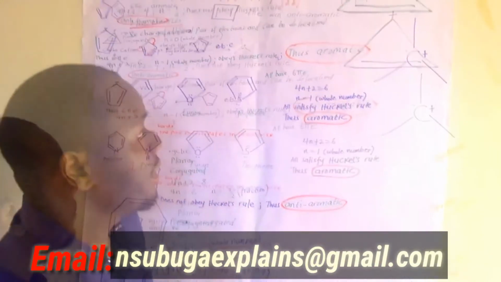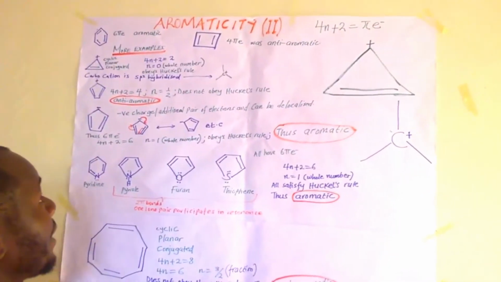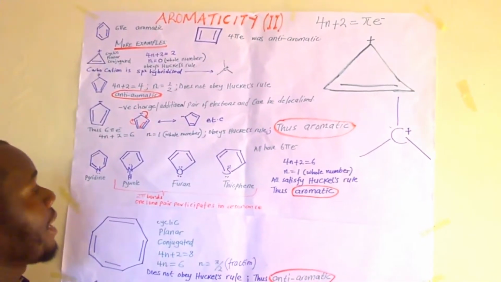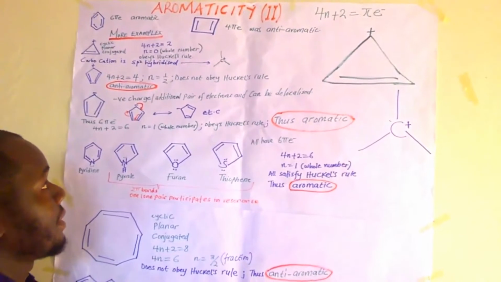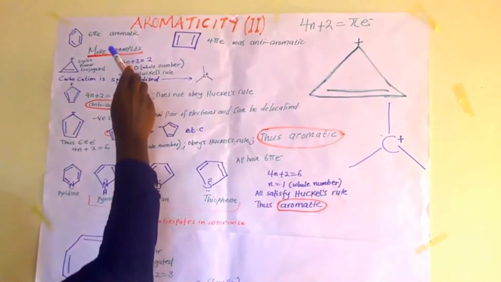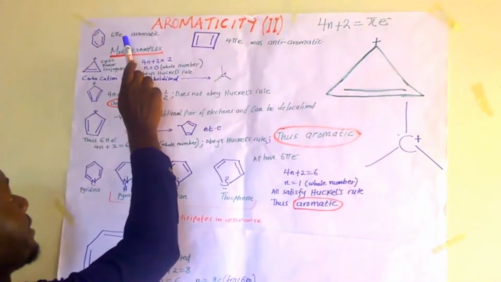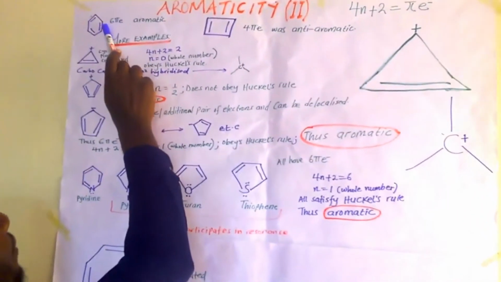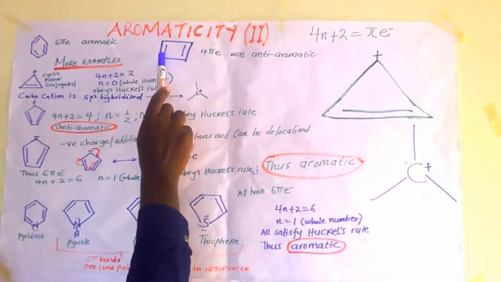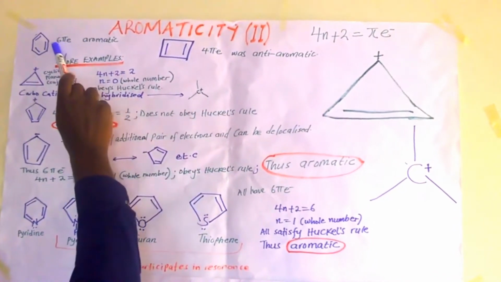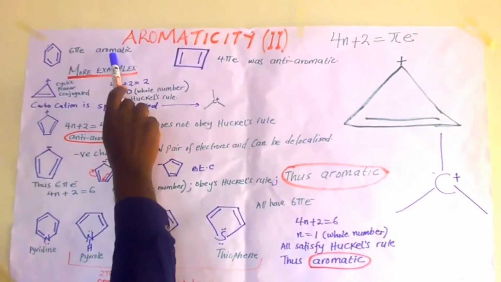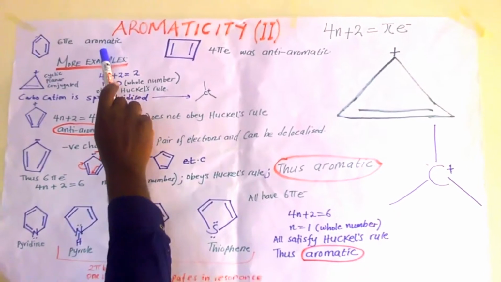Thank you very much. Today, we look at more examples about how a compound can be considered to be aromatic. Remember last time we looked at these two examples. We looked at a benzene ring, together with this compound, and we concluded that this was aromatic because it was obeying Huckel's rule plus all other conditions.